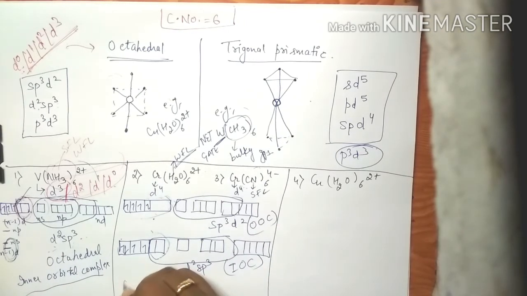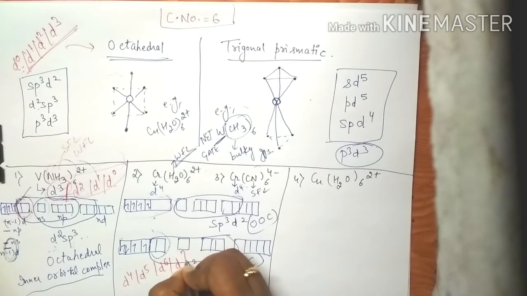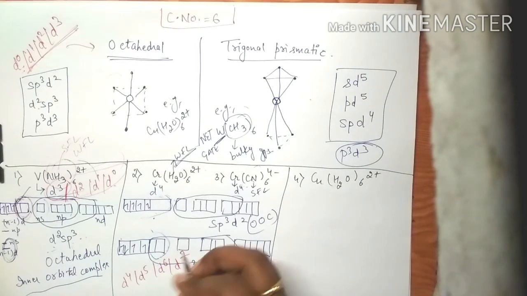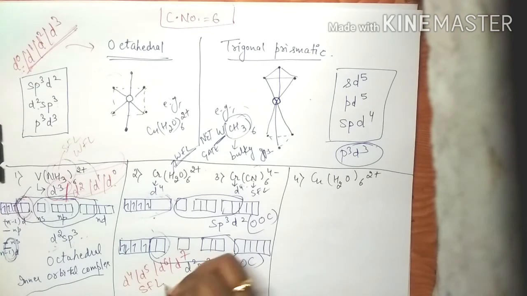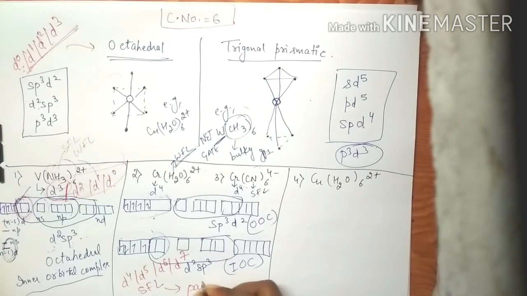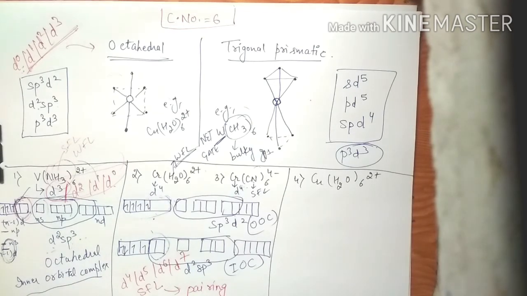In case of d4, d5, d6, d7, if we have a strong field ligand, then it will cause pairing, and an inner orbital complex will be formed.